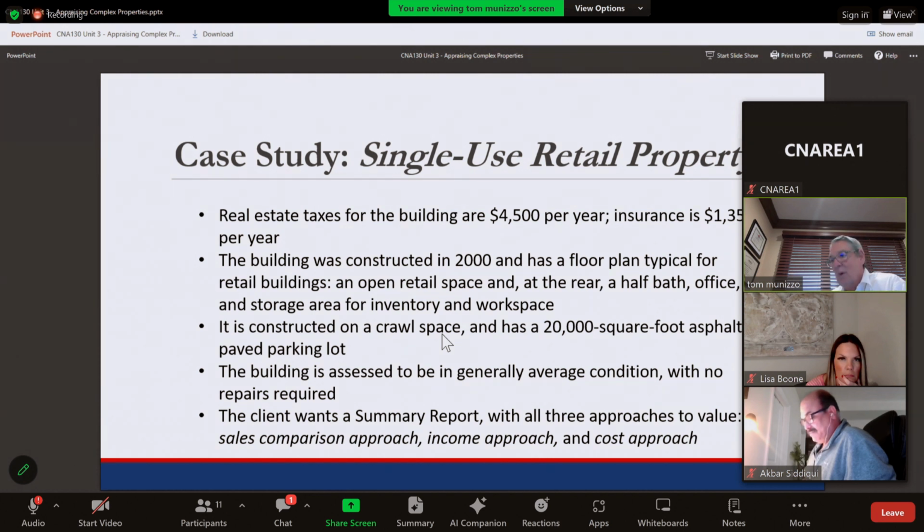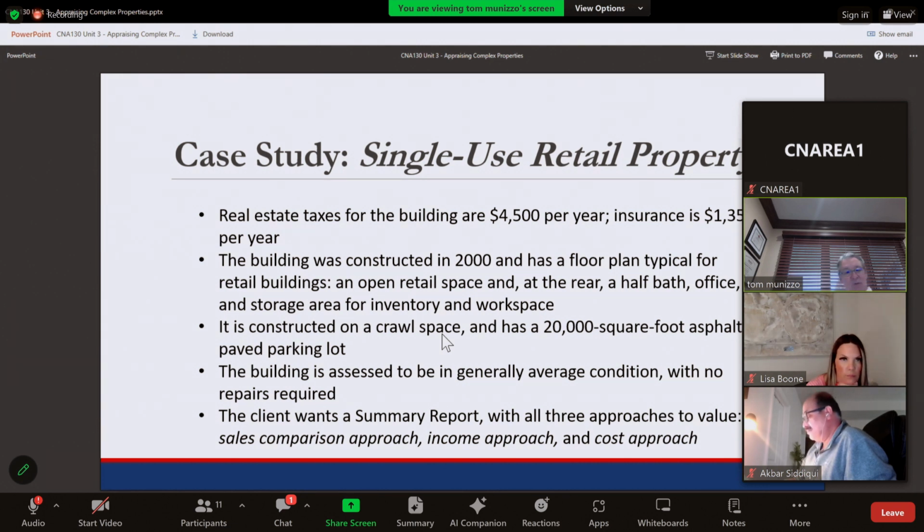The client wants a summary report with all 3 approaches to value: sales comparison, income, and cost approach. So your letters of engagement still come across requesting summary reports, because that's old USPAP terminology.